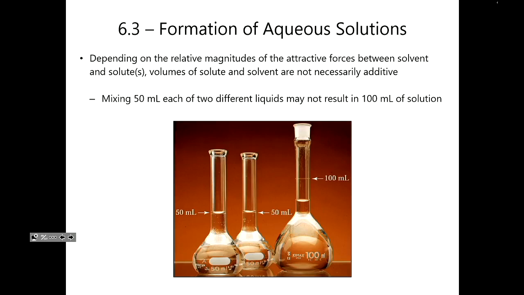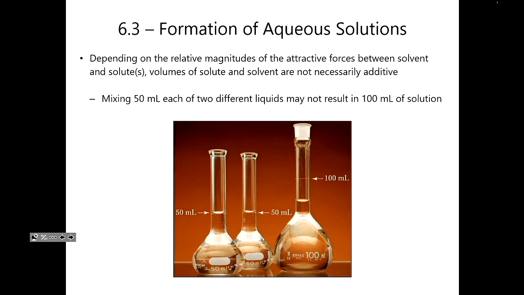If they attract each other very strongly, they're going to be more compact. If it's not that much, then they may be at a further distance from one another. And because the magnitude of the forces in the solution are not necessarily of identical magnitude in each of the two substances separate, this is what may lead to, in this case, a volume deficit. In other cases, it's a volume surplus.